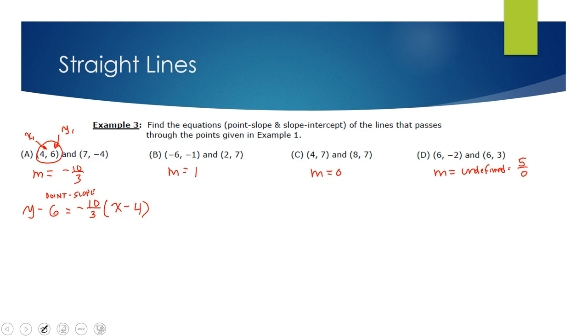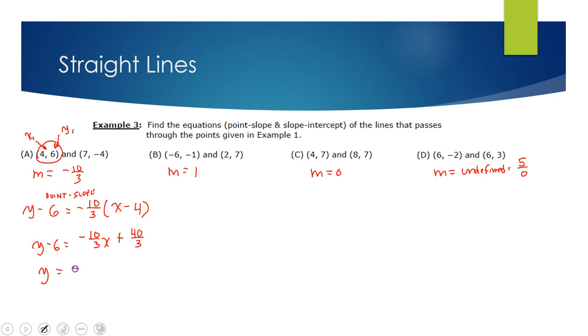If I wanted to put this into slope intercept, it wouldn't take much more effort. I would first have to simplify the right hand side. And then I'm going to add 6 to both sides. So basically, I want to get y by itself.